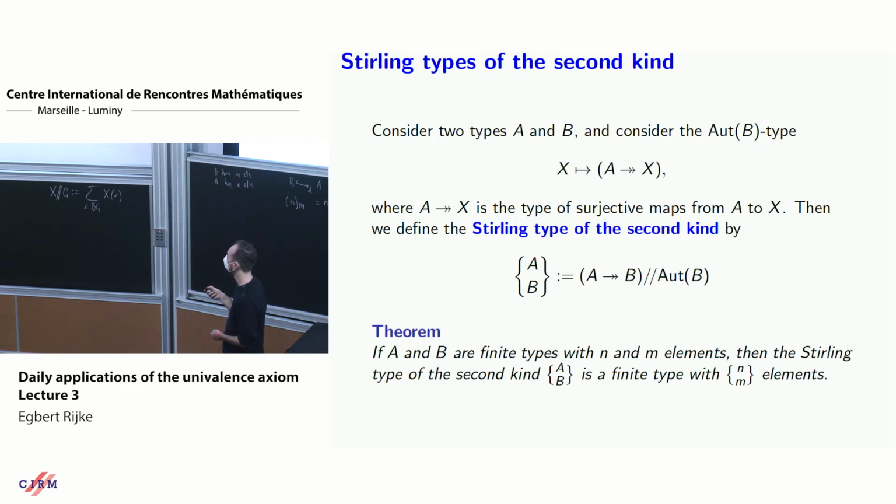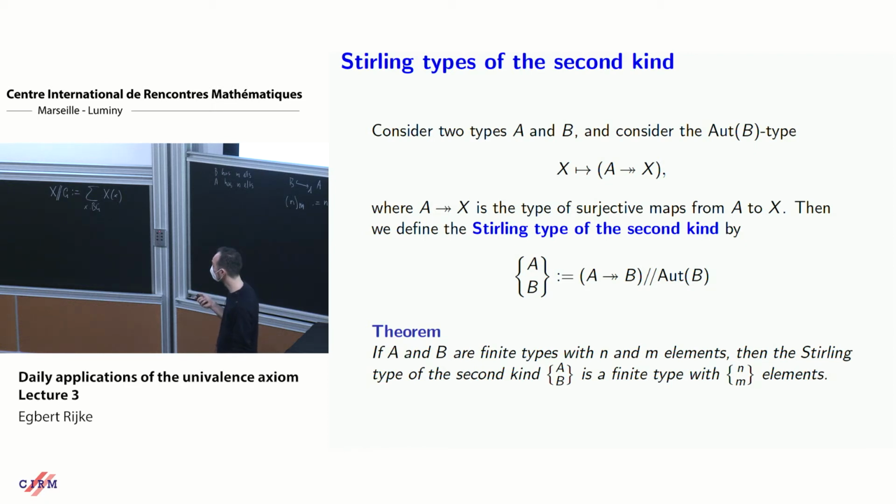And you can prove in a theorem that if A and B are finite types, then cardinalities work out correctly. The Stirling type of the second kind, A B, is finite and it has this many elements. So this is something you can prove. But this definition actually is not as nice as the one with decidable embeddings for the binomial types, because you cannot in general prove the recursive law for the Stirling numbers.